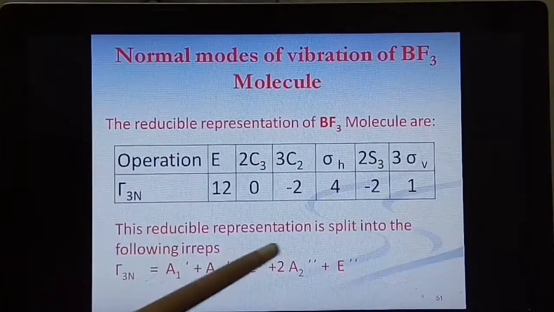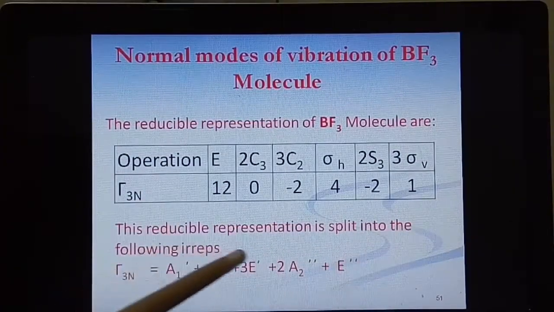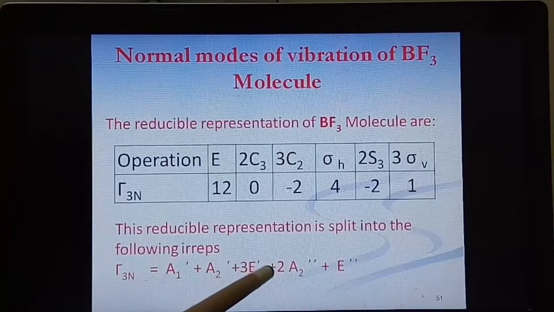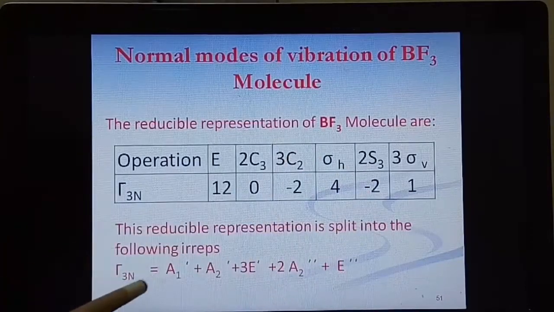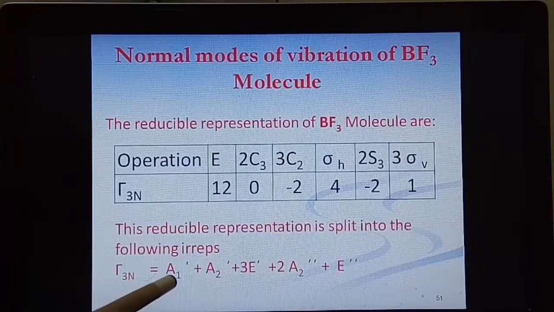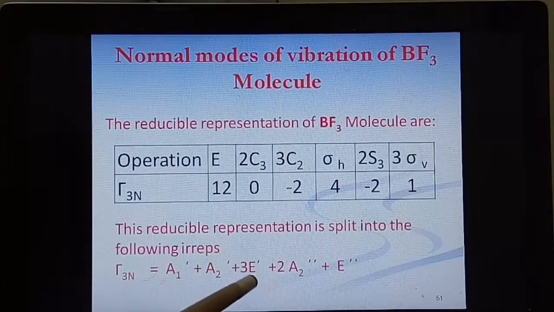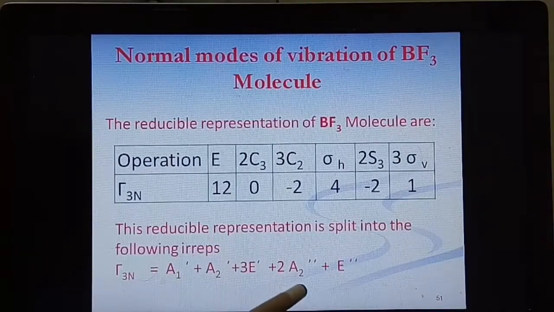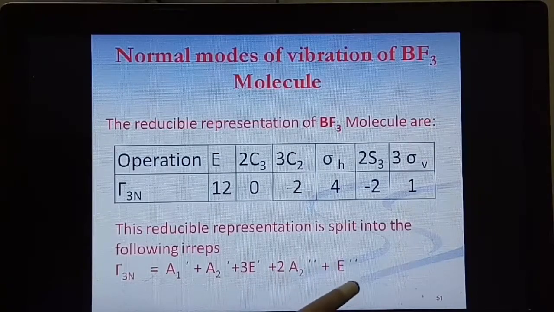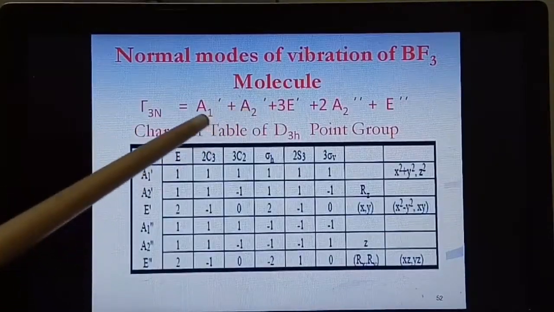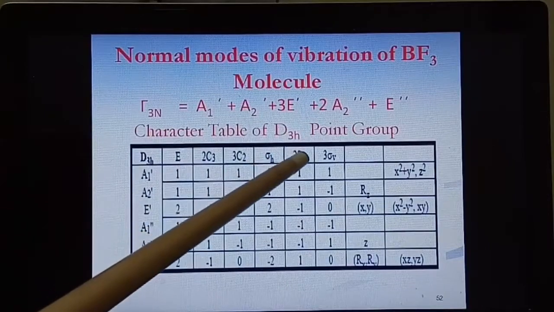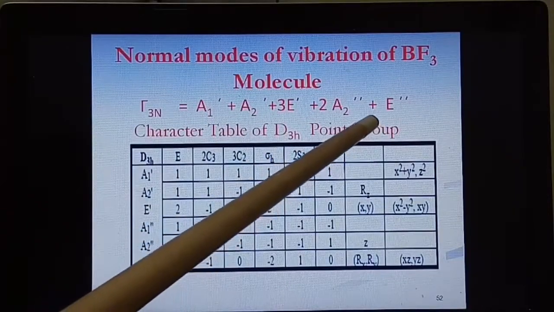So this reducible representation is split into the following irreducible representations, that is, tau 3n will be equal to A1 dash plus A2 dash plus 3E dash plus 2A2 double dash plus E double dash.